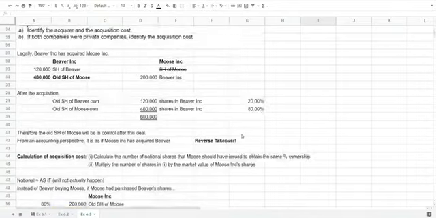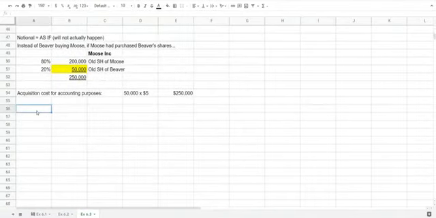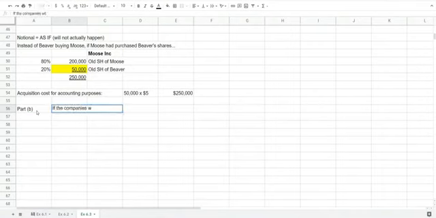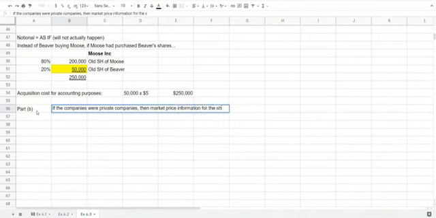Okay, so part B, if the companies were private companies, then market prices will not be available.